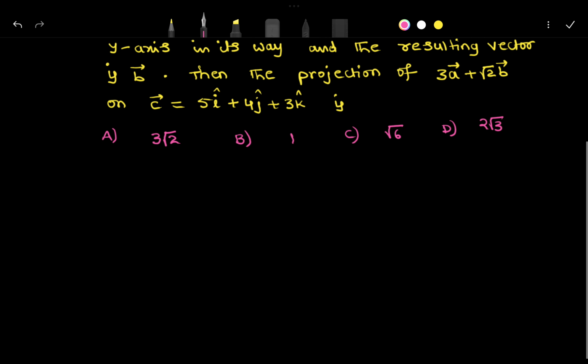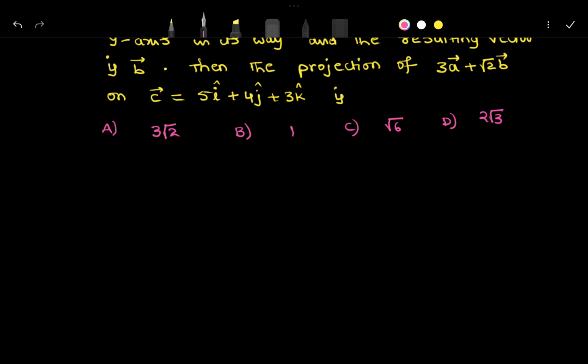According to the question, first of all you take the x-axis and y-axis. This is the x-axis and this one is the y-axis. Now this one is the vector a bar.